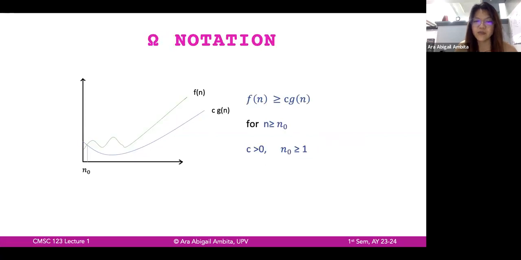And this f of n could be greater than or equal to cg of n, as you can see in the graph. f of n is already above. Okay, that's the only thing you need to remember: for all input sizes that are greater than some input size n naught, given that the constant value c multiplied to g of n is greater than 0 and n naught is greater than or equal to 1. Why is this greater than or equal to 1? Because we don't have an input size which is 0 or negative.